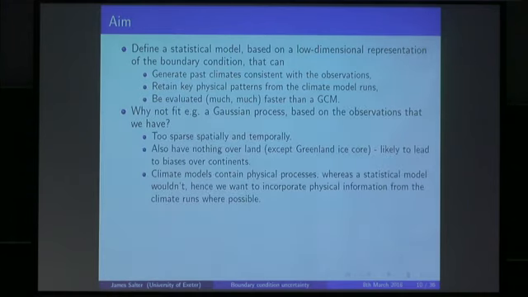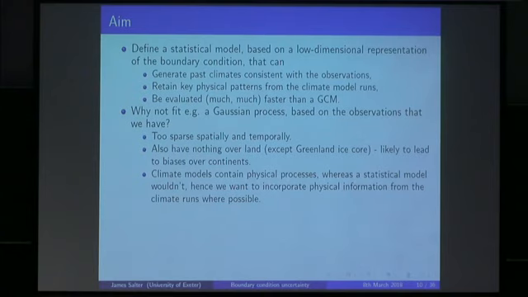One thing we could do would be to simply fit a Gaussian process to the observations we have. This can be done spatially and temporally. But we don't do this initially. Our observations are extremely sparse. They're biased in certain ways. We only have a couple of observations over land, so that will cause problems if we try to model what's happening over continents.